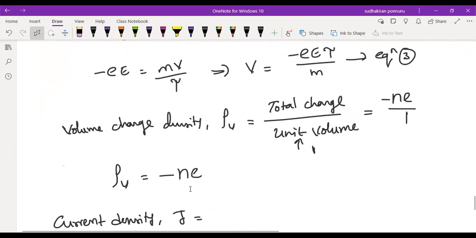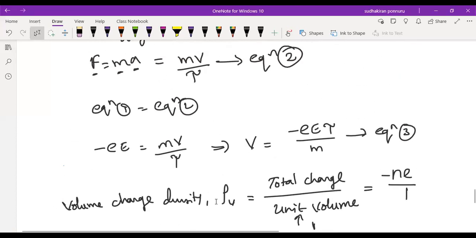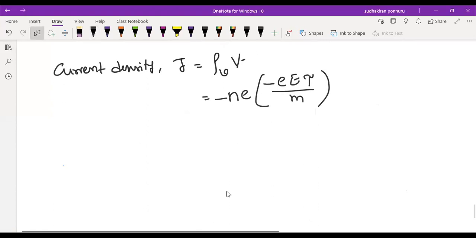Now, rho v is equal to minus N into E, and what is v? v we have just got from equation 3, that is minus E into E tau divided by M. So minus into minus plus E into E, we will get E square. So N E square capital E tau divided by M.